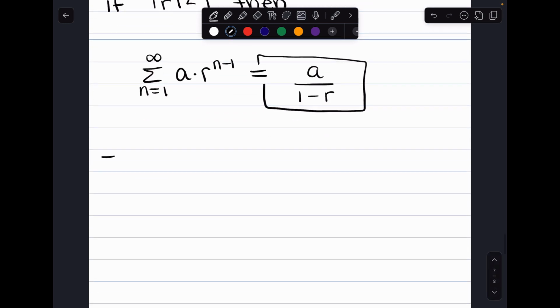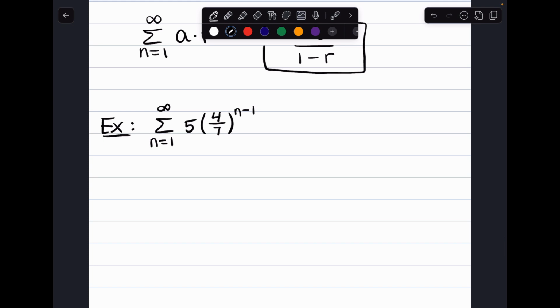So for example, we could be looking at the sum n equals 1 to infinity of 5 times, let's say, 4/7 to the n minus 1. This is a geometric series. We have it set up as sum n equals 1 to infinity of a times r to the n minus 1. Our a is 5, our r is 4/7.